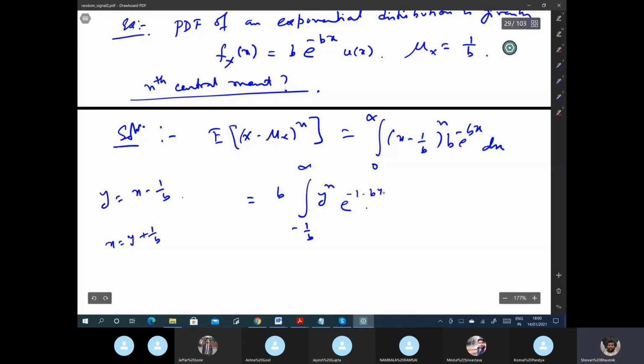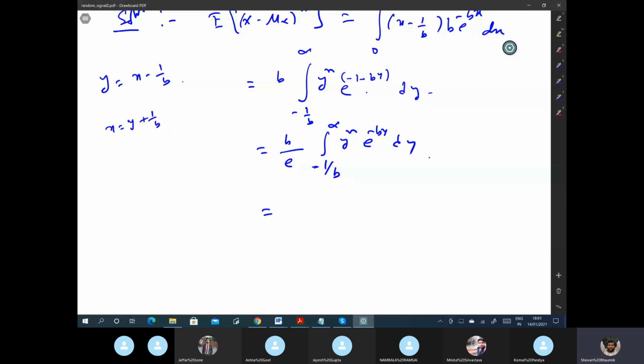So we can take out e raised to the minus 1. So b by e, the integral from minus 1 by b to infinity of y to the power n e to the power minus by dy.